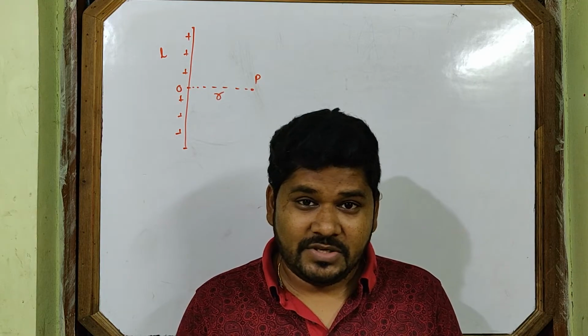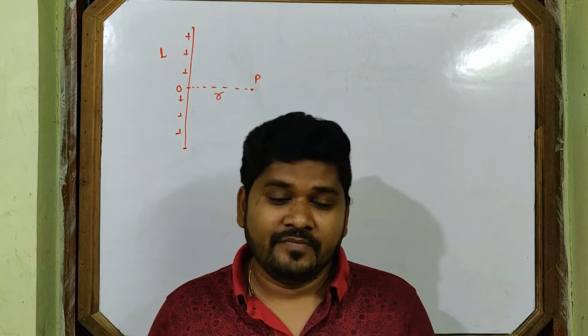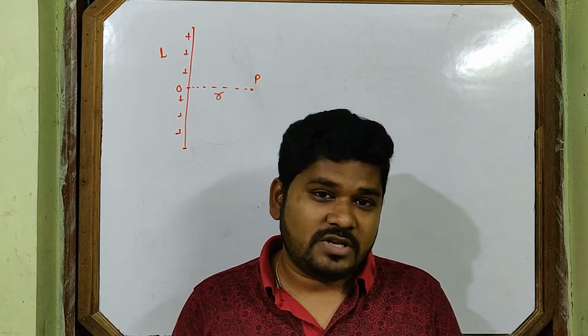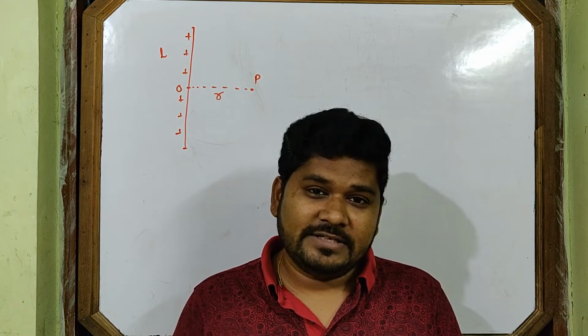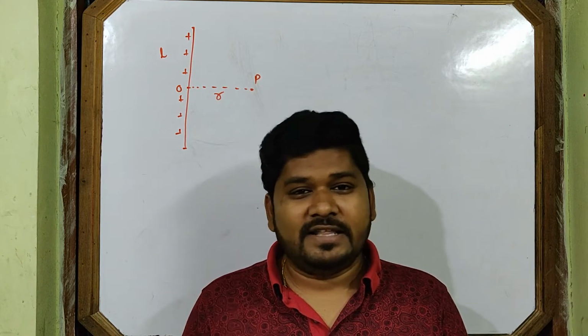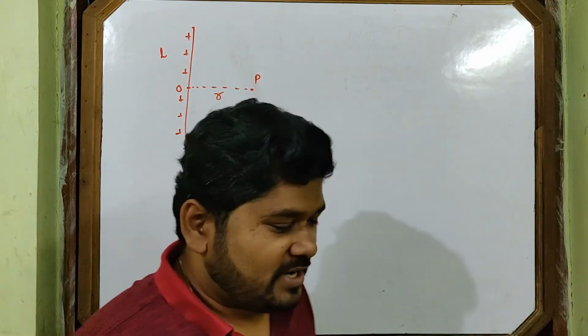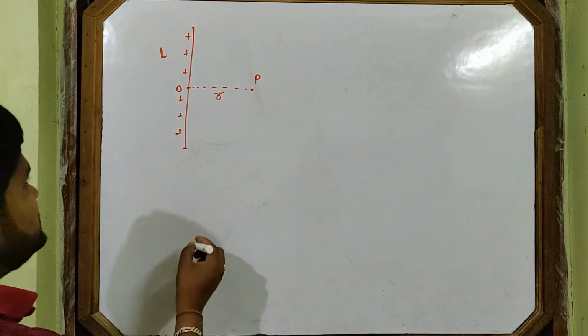Again I am telling you, you just divide the line charge into small sections. You write the expression for a small section because a small section is equivalent to a point charge. Then you integrate that electric field expression due to a small section. Now let's proceed here.